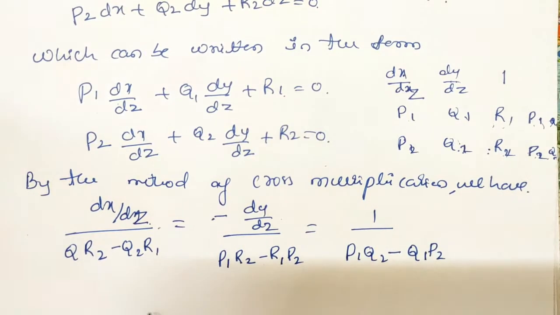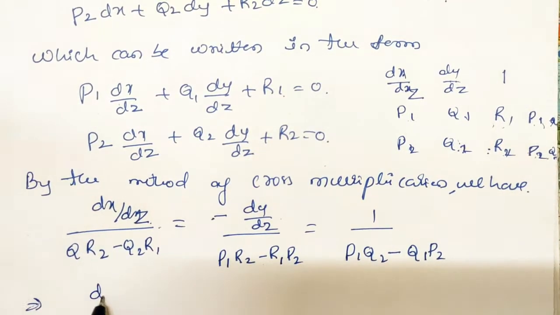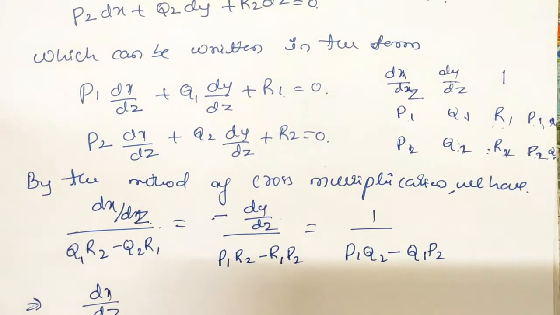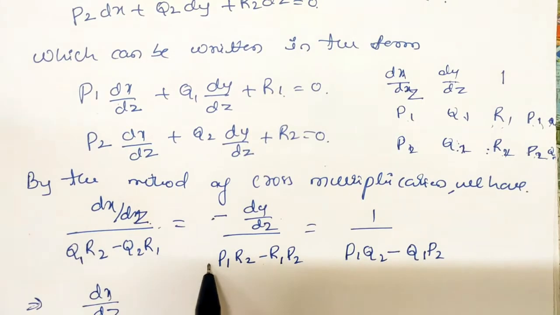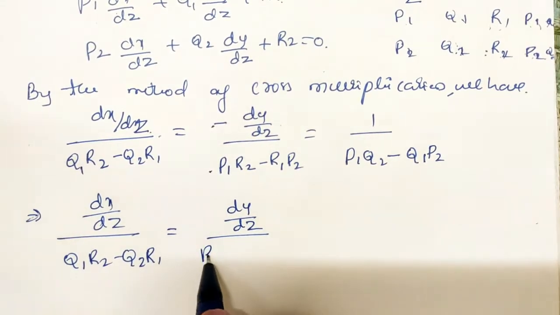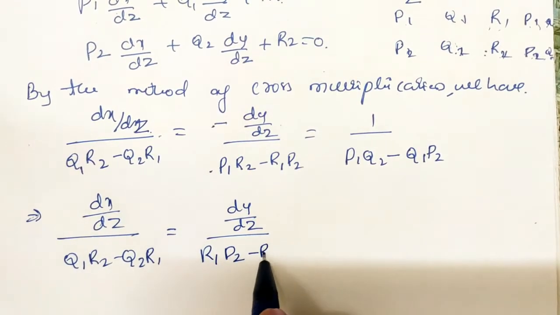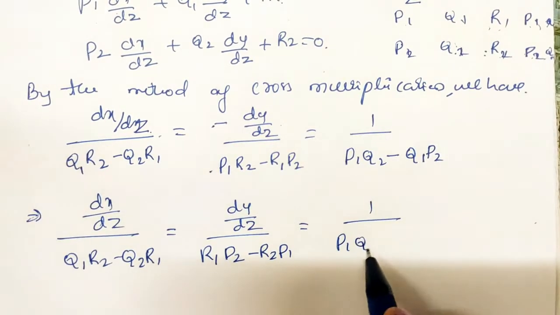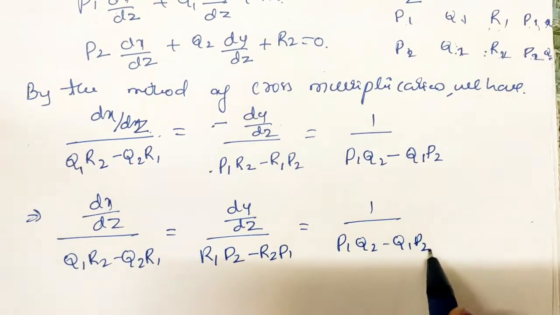So it is nothing but dx by dz divided by q1 r2 minus q2 r1 is equal to, taking the minus sign common in the denominator so it becomes plus, dy by dz divided by r1 p2 minus r2 p1, is equal to 1 divided by p1 q2 minus q1 p2.